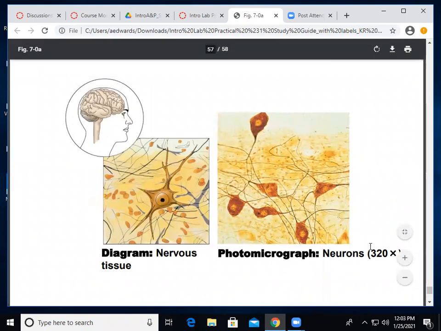Three types of muscle tissue. What are the three types? Smooth, skeletal, cardiac. Cardiac is found in the heart, skeletal is found on the bone, and smooth is found on the walls of hollow organs. Which ones are voluntary? Skeletal. Which ones are involuntary? Which ones are striated?